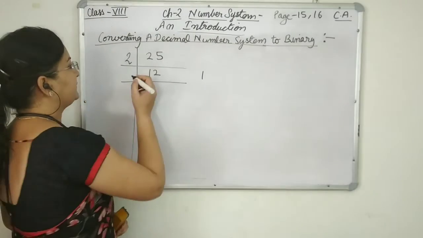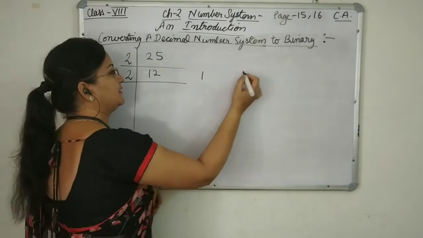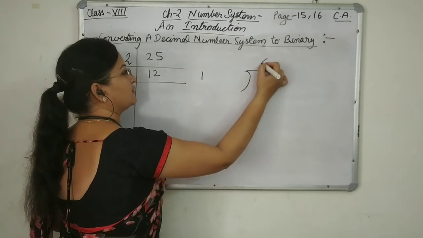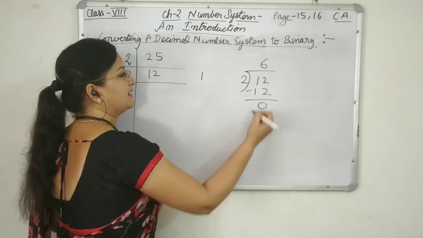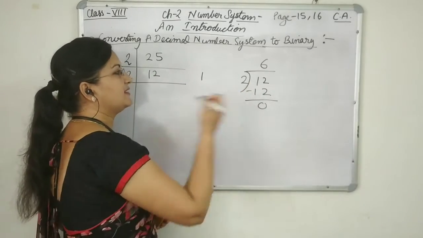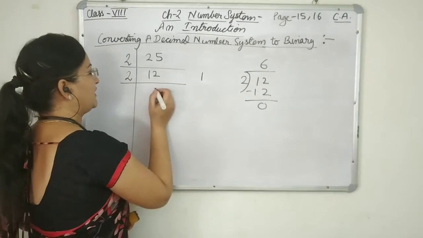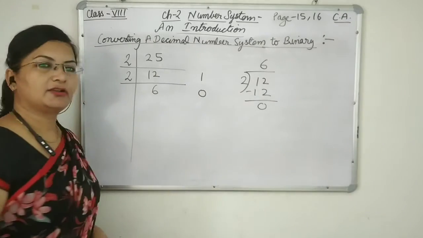Now 12 divided by 2. 2 6s are 12. The remainder is 0. So 6 we write here and the remainder here. Got it?